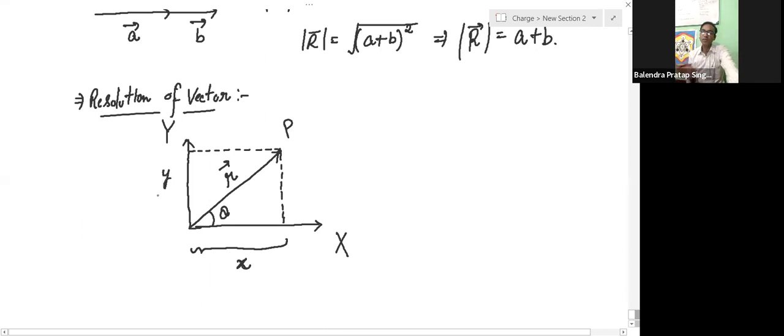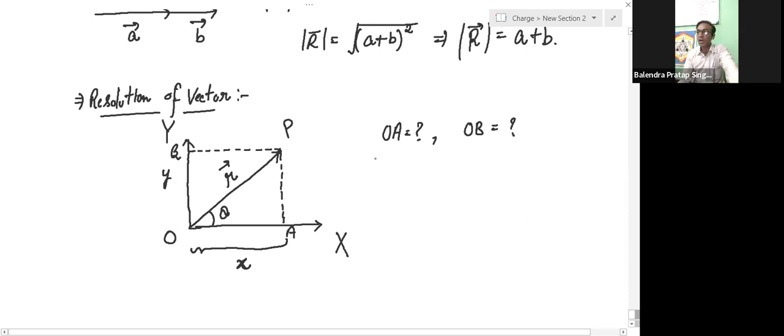So how can you resolve this vector R into its vertical and horizontal components? We have to calculate OA and OB. We have to find the value of OA in terms of R and the value of OB. That is what we call resolving this vector into its horizontal and vertical components.